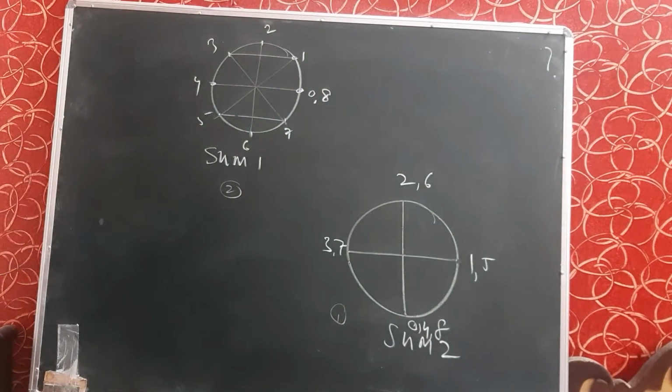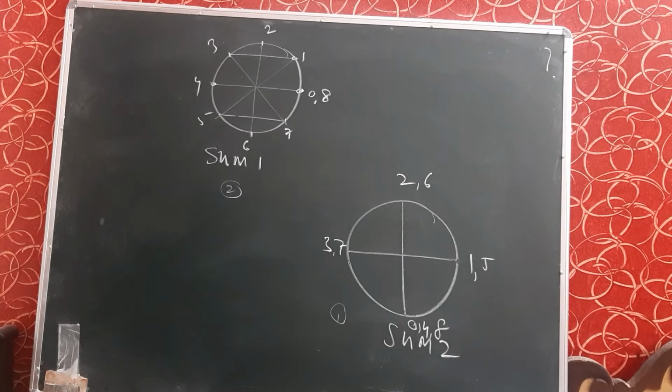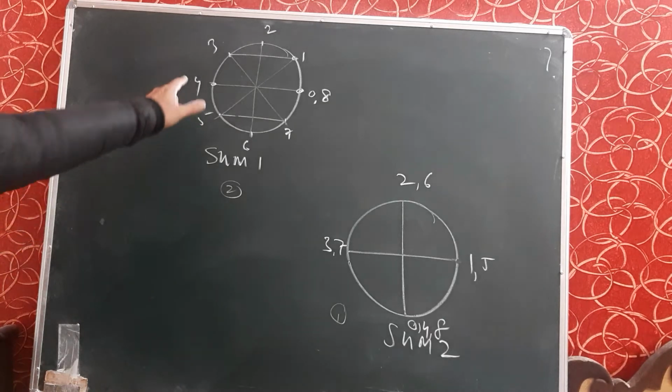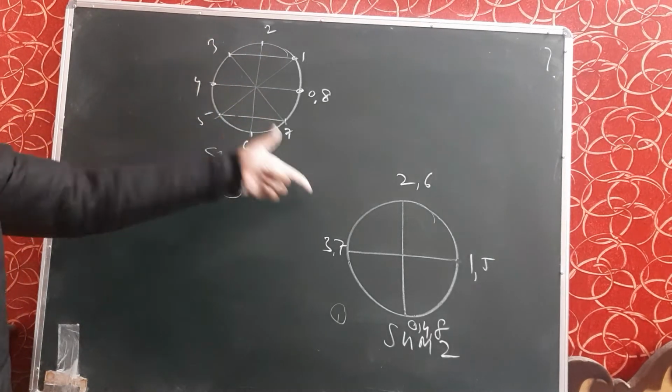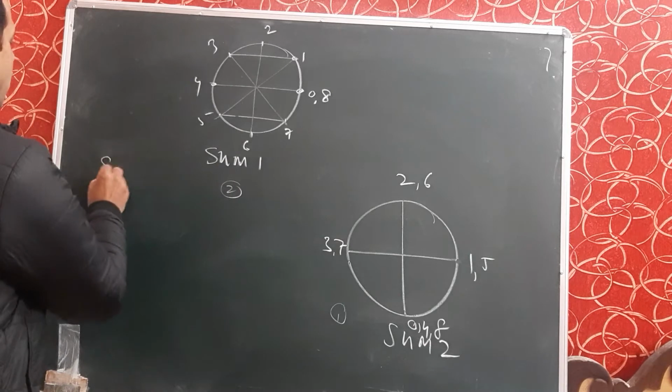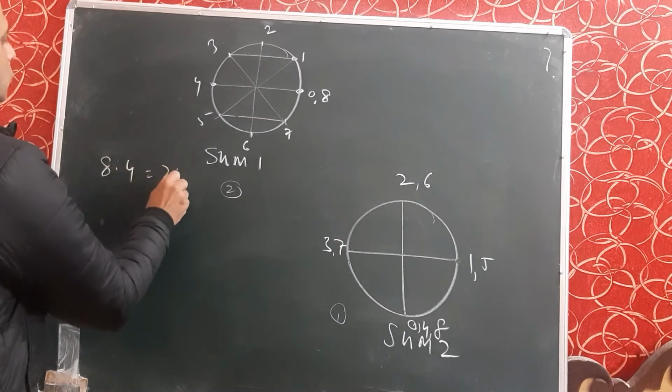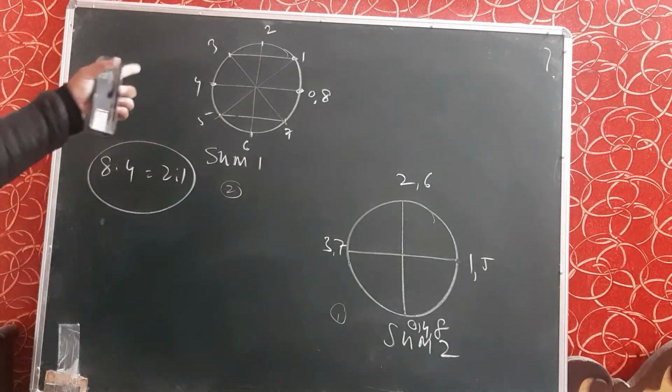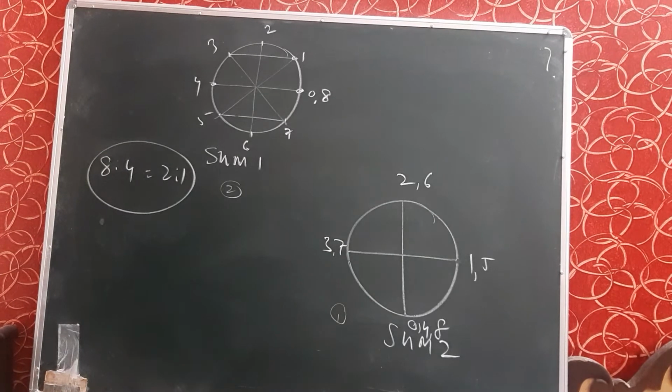So in the second case, I split this SHM into 4 equal parts. And the first is in 8 parts. So why is it 8 and 4? Because the ratio of 8 to 4 is 2 to 1. So we are taking the SHM in the ratio of 2 to 1 or 1 to 2. In case of time period, it is 1 to 2. In case of frequency, it is 2 to 1.